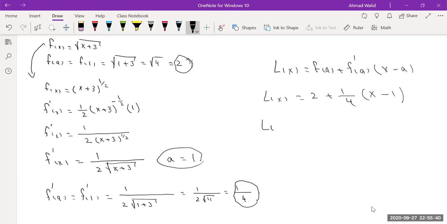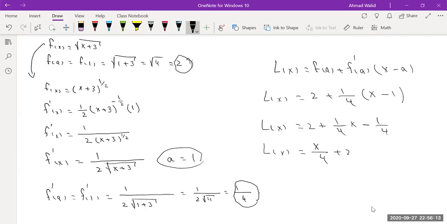Simplify. L of x equals 2 plus 1/4 x minus 1/4. Look, 2 plus minus 1/4. If you can't see it this way, put x over 4 first.